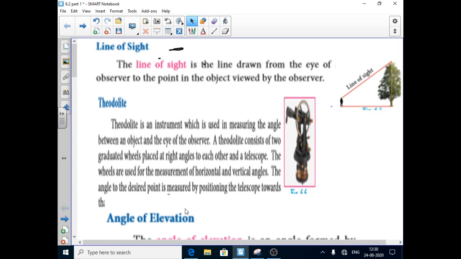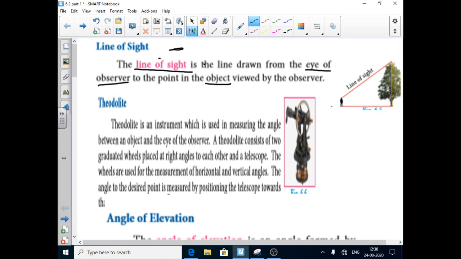The line of sight is the line drawn from the eye of the observer to the point in the object.